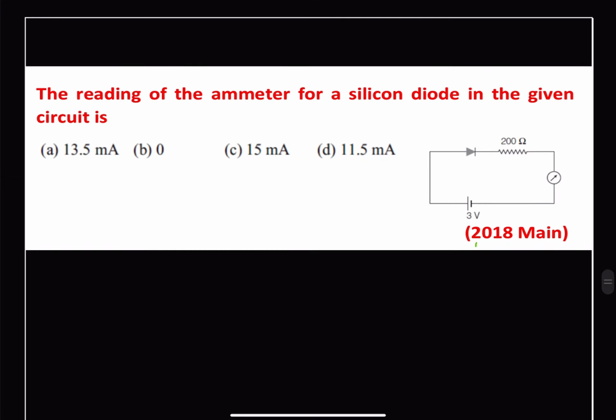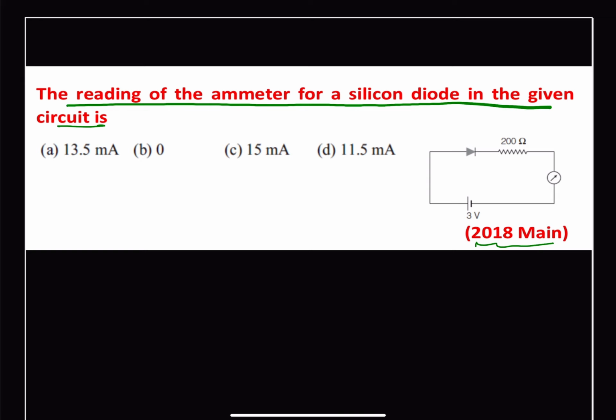It was also asked in 2018 mains, and it states that the reading of a meter of a silicon diode in the given circuit is asked.